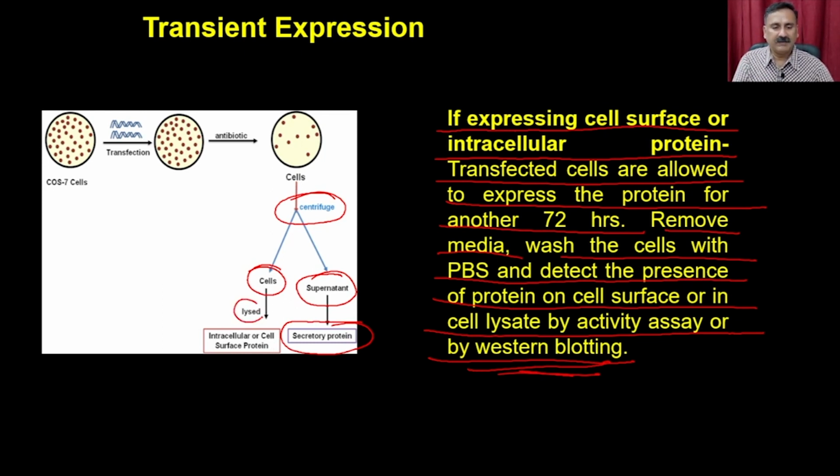In that case, you lyse the cells with the appropriate lysis solution, which releases the content. It gives you two fractions: the pellet fraction and the cytosolic fraction. The cytosolic fraction contains the soluble proteins. The pellet fraction contains the proteins expressed on the cell surface, because that is the membrane fraction.